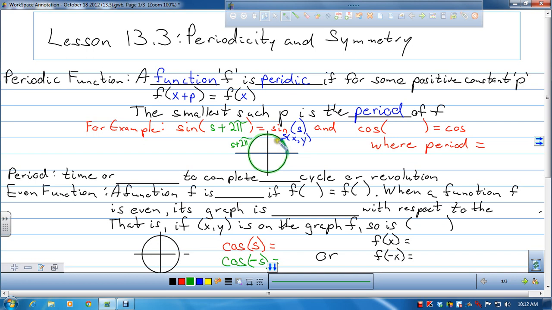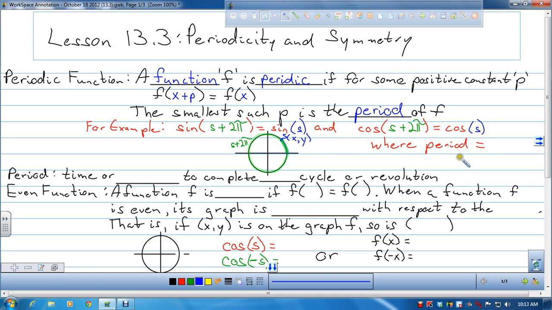Same thing for cosine, right? The cosine of s and of s plus 2 pi is the x value in there. That's what we learned from last time. So the cosine of s plus 2 pi is the same as the cosine of s.